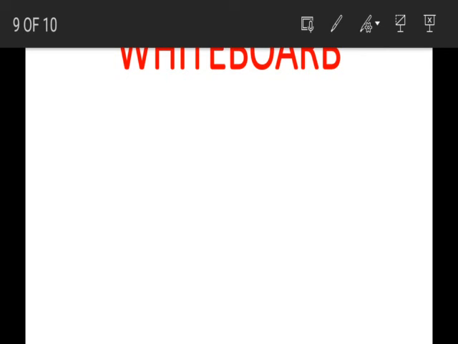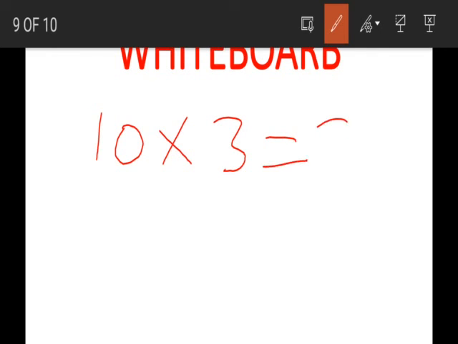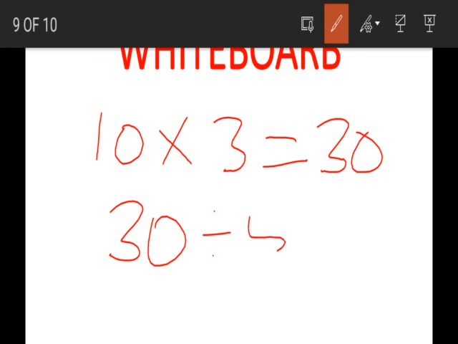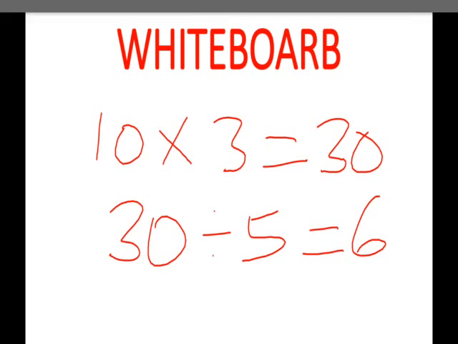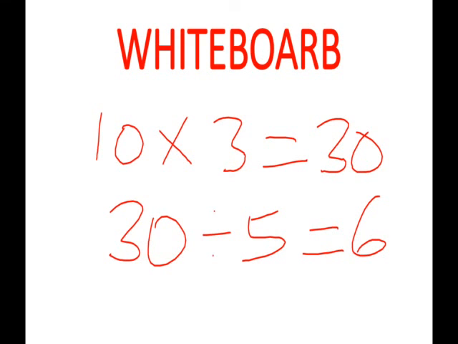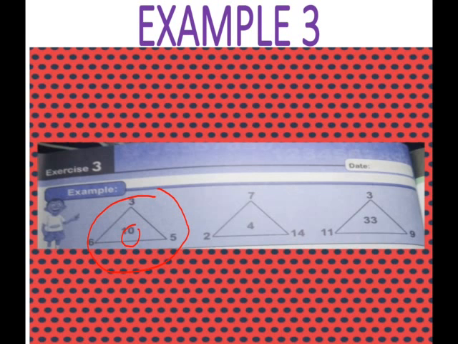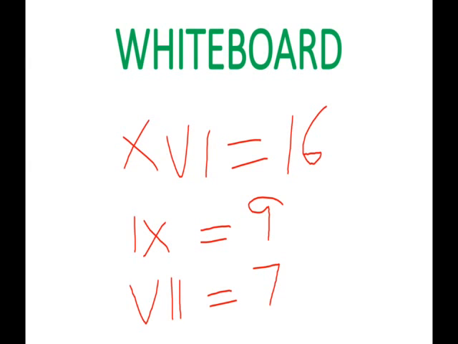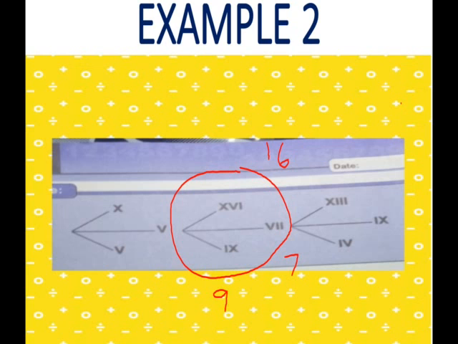What you do is 10 times 3 is what? 30. Then 30 divided by 5 will give you your 6. Good. So, kids, you can see that these samples are so easy.